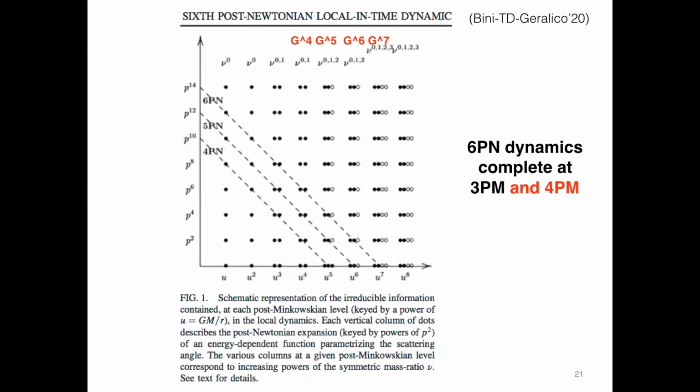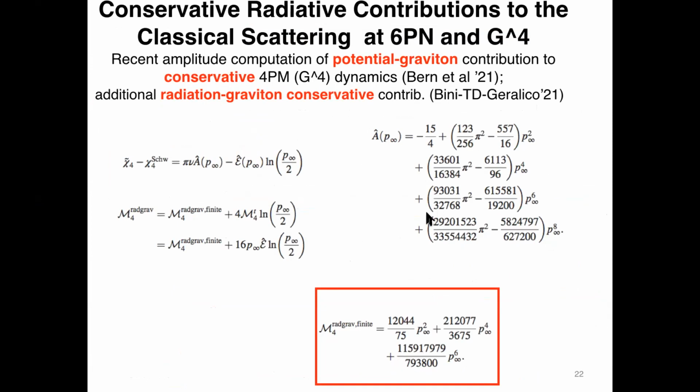yes. So I already said this. Now the point I want to say, in a recent work with Donato Bini and Andrea Geralico, we used results from this TuttiFrutti approach to complete the recent computation by Zvi and his collaborators of the potential graviton contribution at the G^4 level.